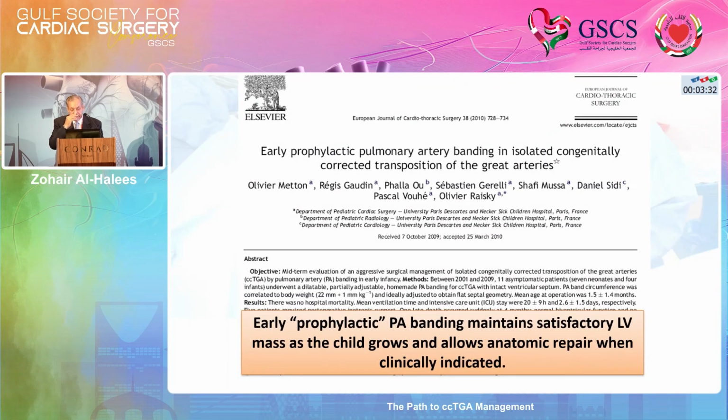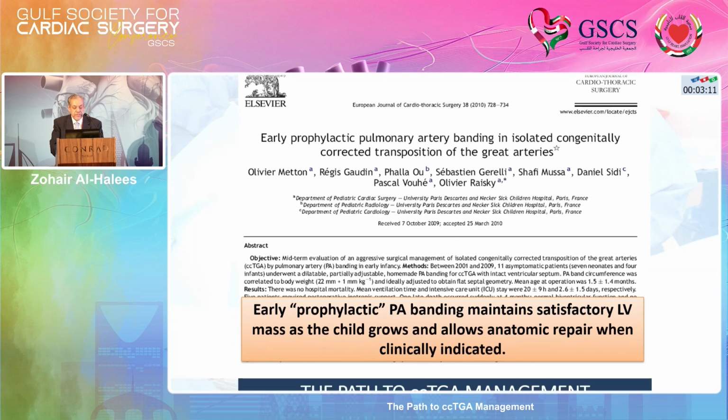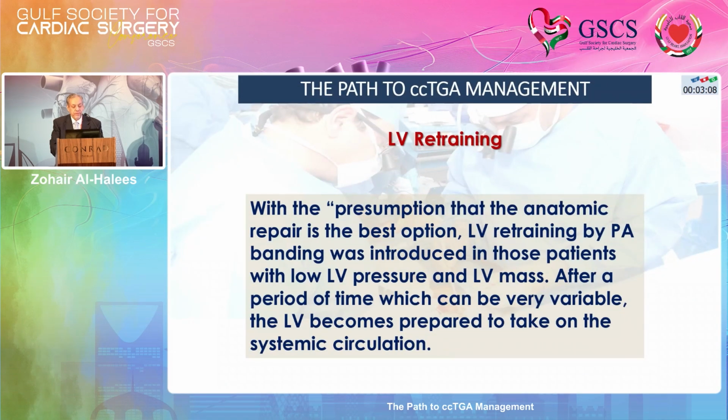However, it was suggested that prophylactic early pulmonary artery banding for those patients may allow you to watch the patients and at the same time prepare the left ventricle should a double switch be required in the future. And some of the centers are actually using this as a strategy towards infants born with ccTGA with no additional defects.